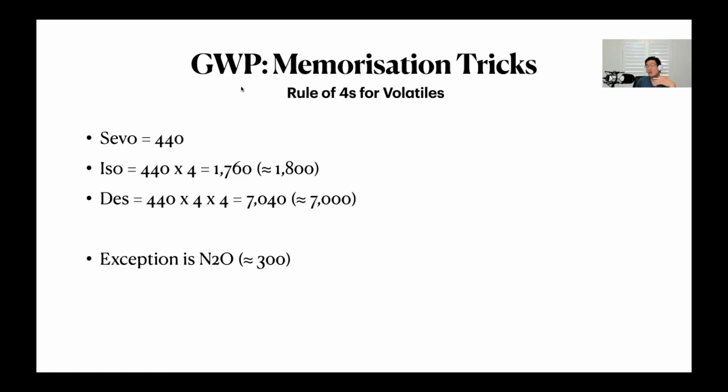Now, these are the rules of 4s for this. So sevoflurane is 440. Isoflurane is 440 multiplied by 4. Now, if you struggle to do the multiplication, 4 times 4 is 1600, and then plus 4 times 4 is another 1600, so that equals 1760.